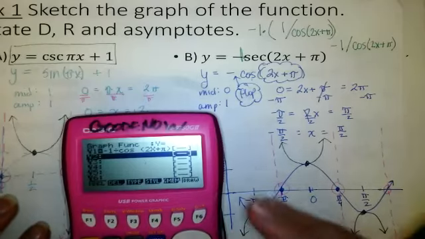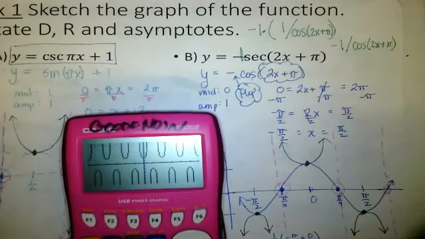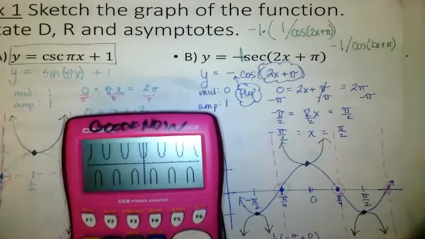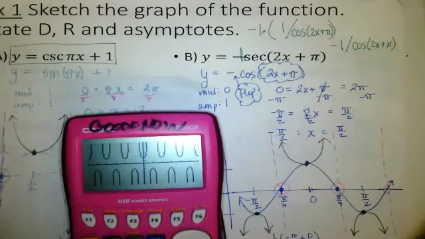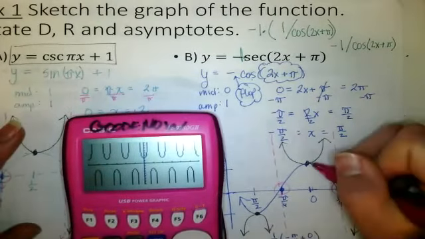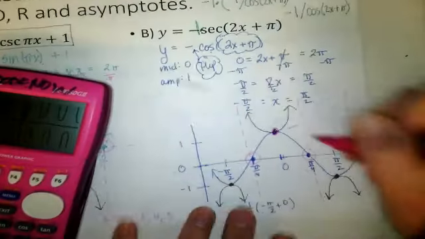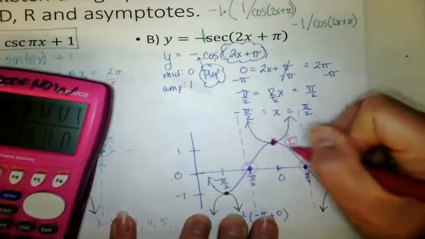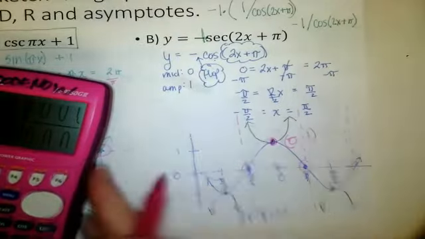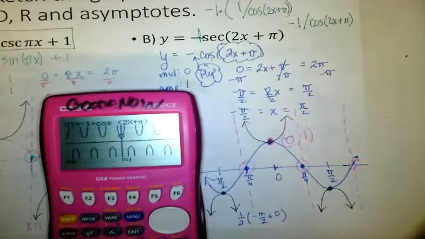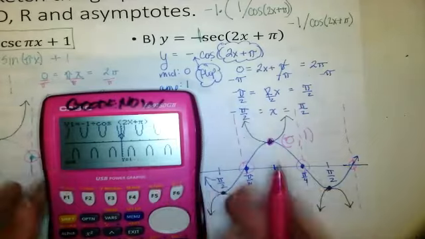So there is what the calculator's graphing. And what I want to do is check some points. For instance, here's a point that I could check: 0, 1. I can trace 0 and it gives me the 1 right there.